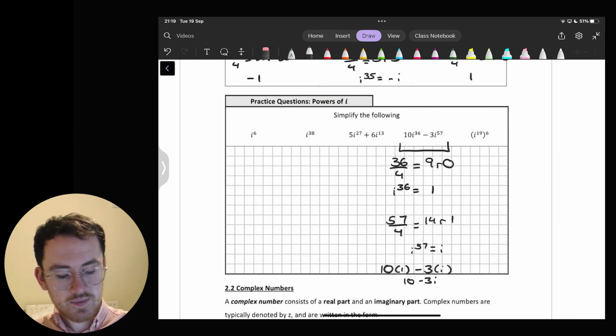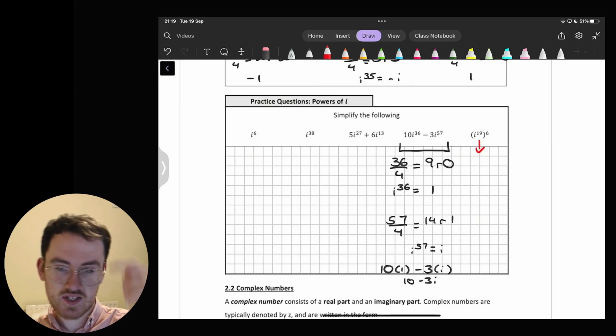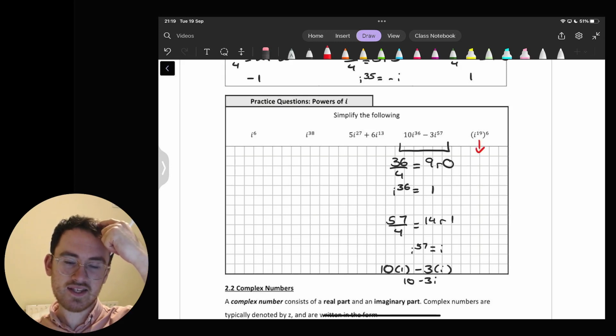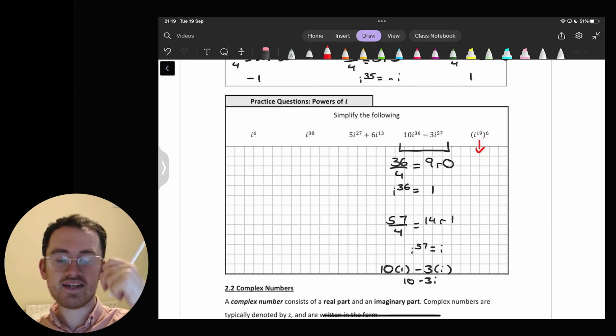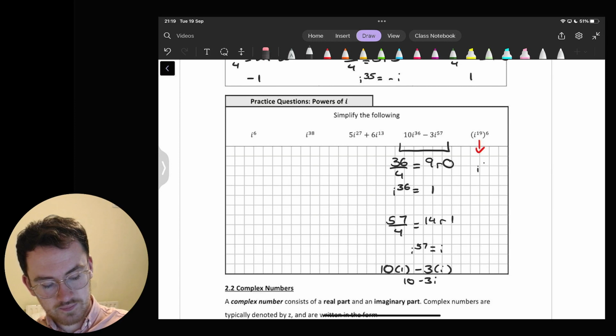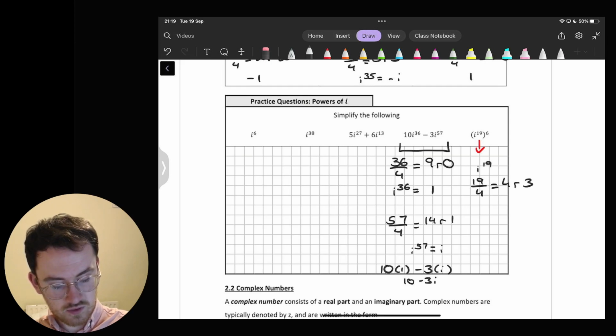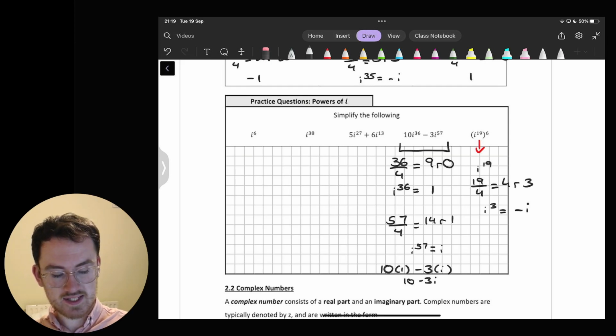Okay, same thing happens with the last example here. What I'll say with this one is we need to compute the value on the inside first and then get the next power of that one as well. So i to the power of 19: if we divide 19 by 4, that gives me a value of 4 remainder 3, which gives the same value as i to the power of 3, which is minus i.